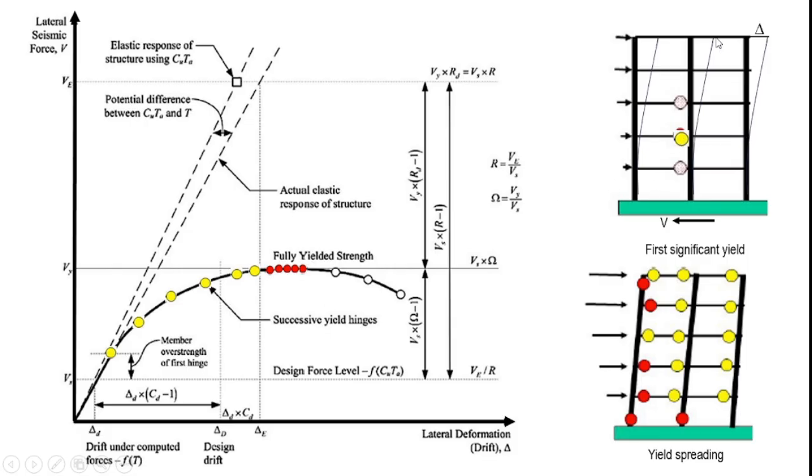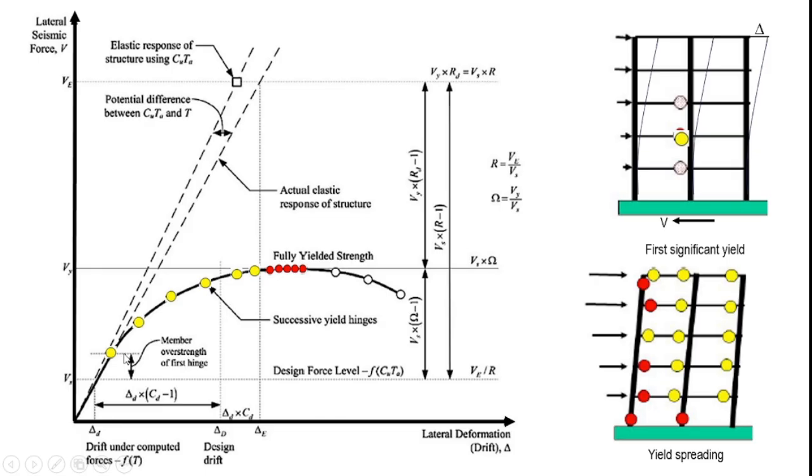So here is a frame, that is a moment resisting frame. You will find that the drift is marked delta here, and V is the seismic force. We find that at a lateral force level V higher than Vs, the first hinge, which we call the first significant yield of the structure, happens as shown here in the yellow circle.